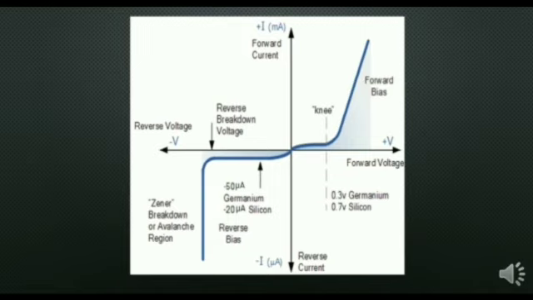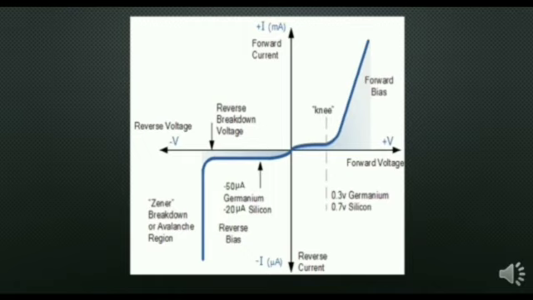At room temperature, a potential difference equal to the barrier potential is required before a reasonable forward current starts flowing across the diode, and this is known as the threshold voltage or the knee voltage. That is, the knee voltage is the minimum voltage at which the diode starts conducting and the current starts increasing exponentially.